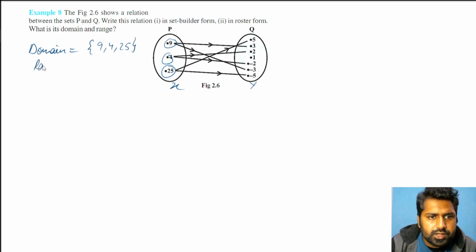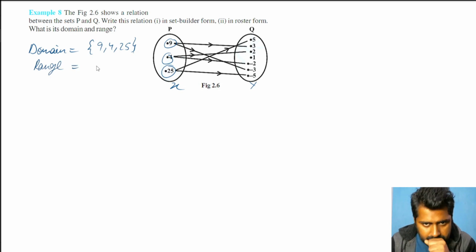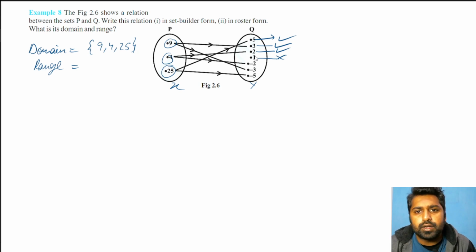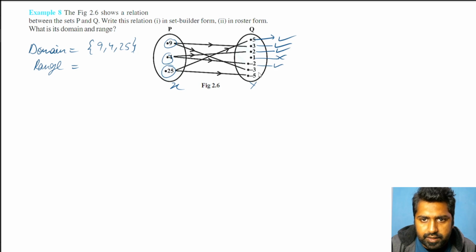What about range? Range are all possible values of y but for which an element must exist. See, for 5 an element exists, it is connected, yes. 3 is connected, 2 is connected. For 1 there is no connection with any value of x, so no. -2 yes, -3 yes, -5 yes.